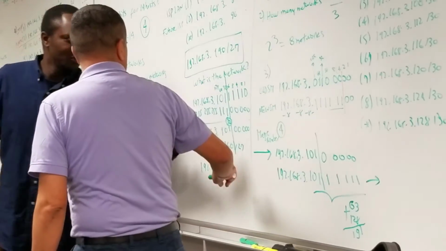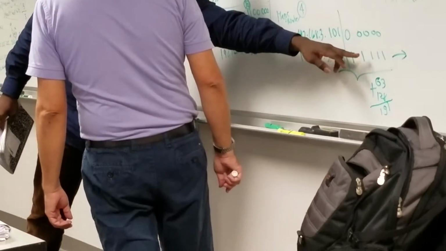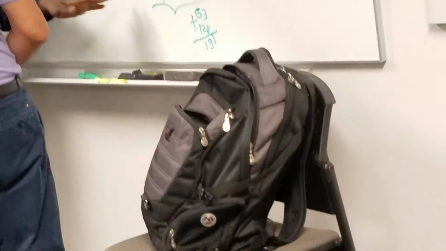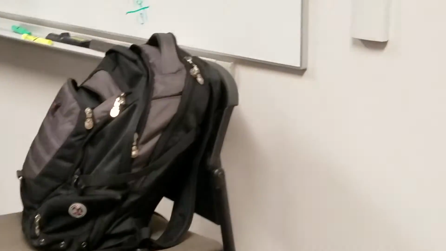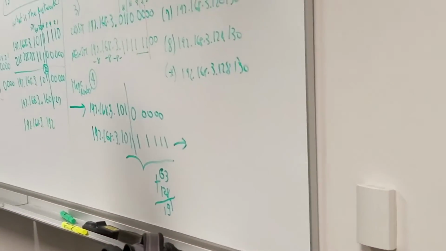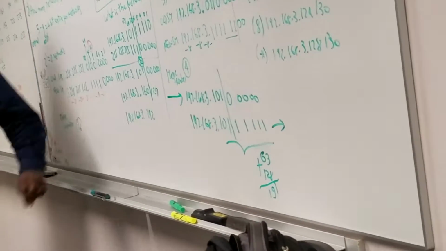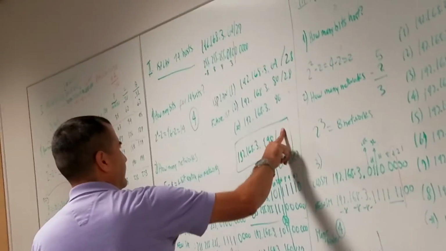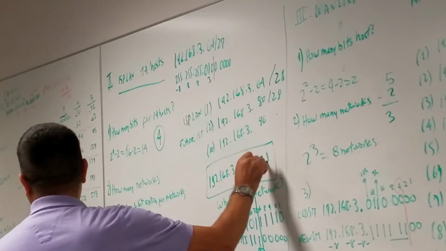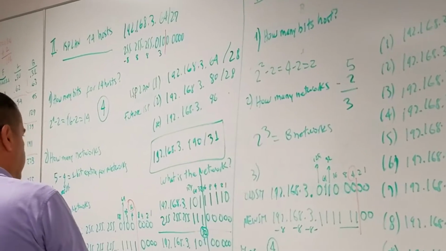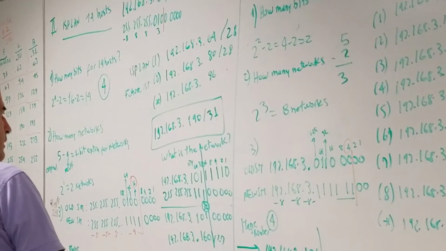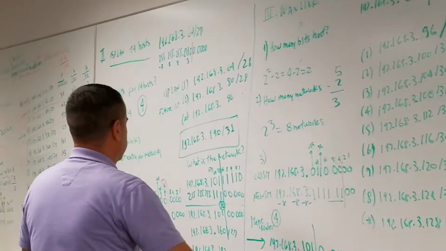Because you said that we're supposed to put one for the broadcast because it's /27. What if it's /31? If this is /31, that's going to be a completely different product.